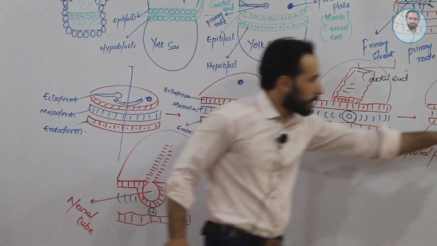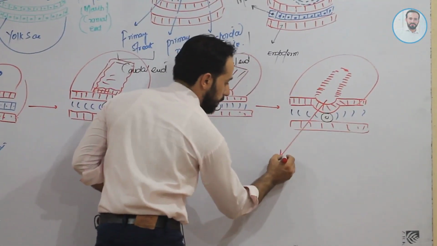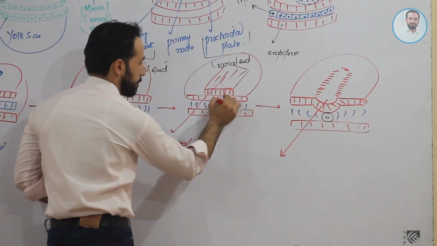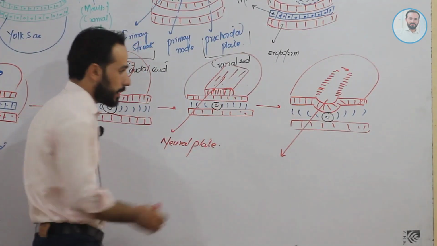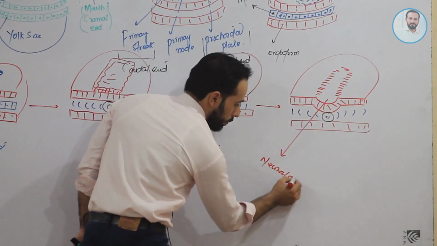Right? Let me show you what this depression is called. Friends, this elevated part is called the neural plate.